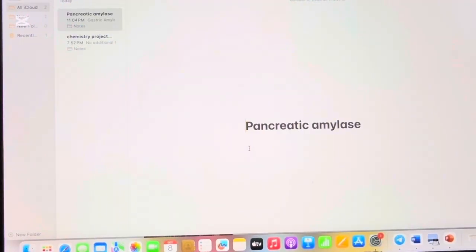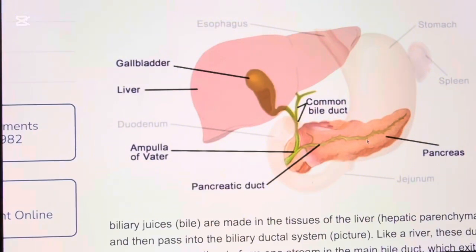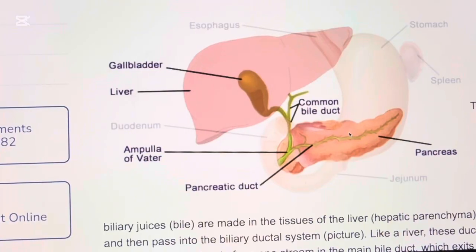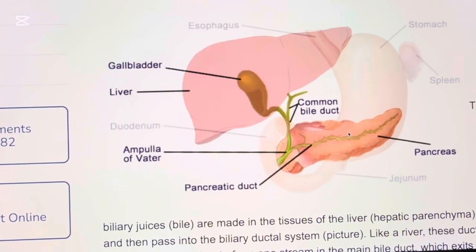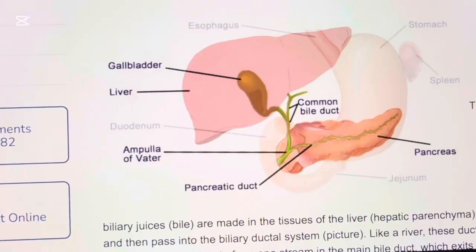The next enzyme we are going to discuss is pancreatic amylase, which is secreted by the pancreas. Now, one thing I want you to know here is, before you get into the action of pancreatic amylase, you should be thorough with the anatomy of the pancreas.